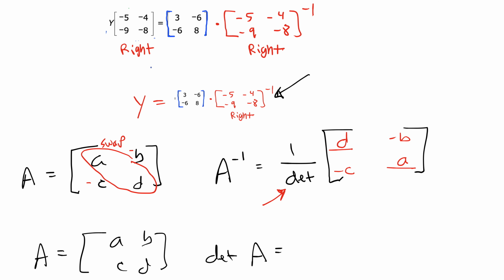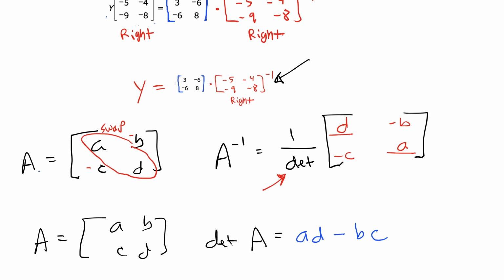So it's going to be A D minus B C. Okay, this times this minus this times this. So we'll kind of put these two in a little thought bubble right here.